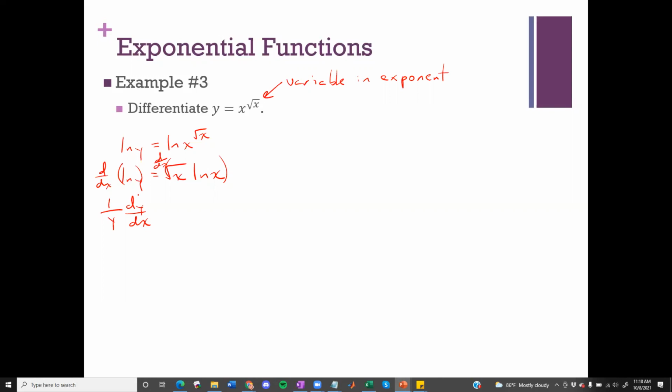Right, on the right, we have square root of x times natural log of x. How do we handle that derivative? Product rule. So we're going to take the derivative of square root of x times natural log of x, plus square root of x times the derivative of natural log of x.